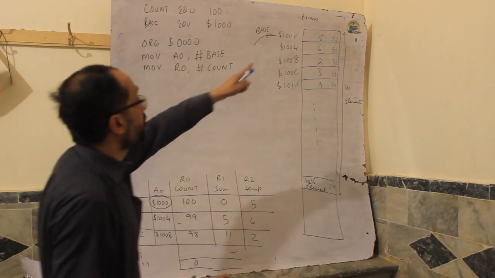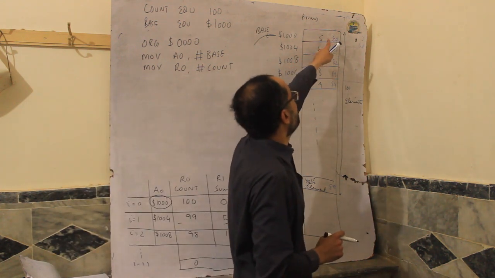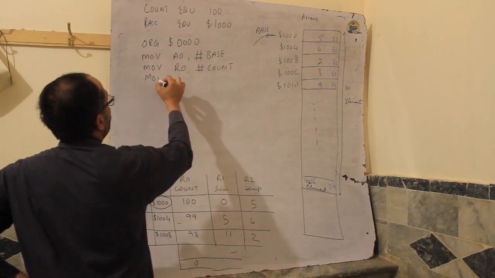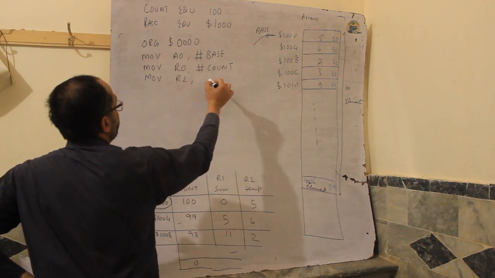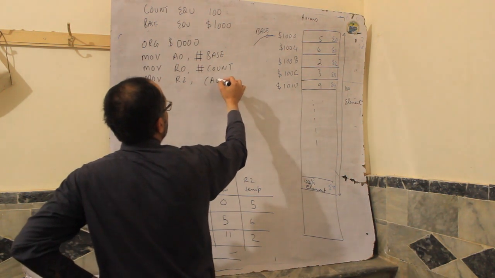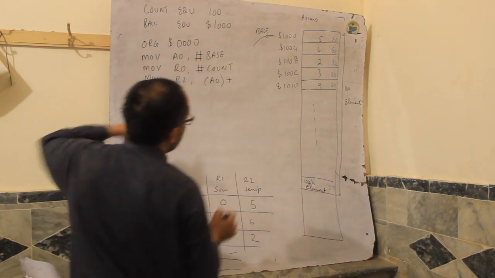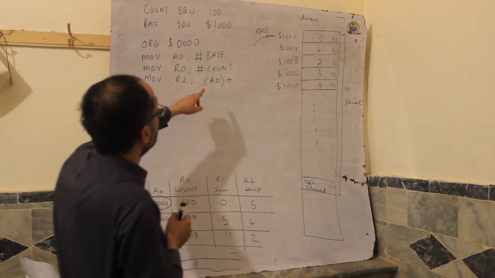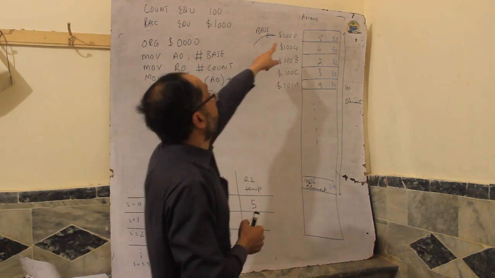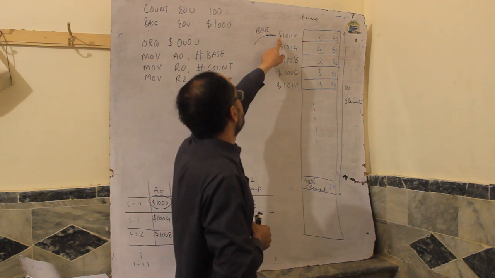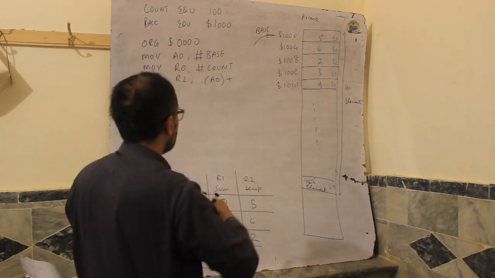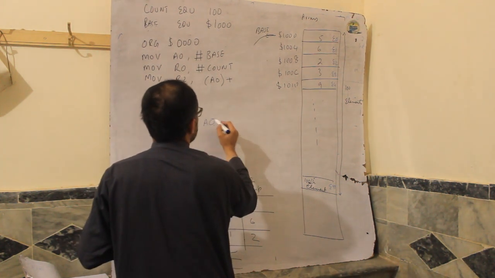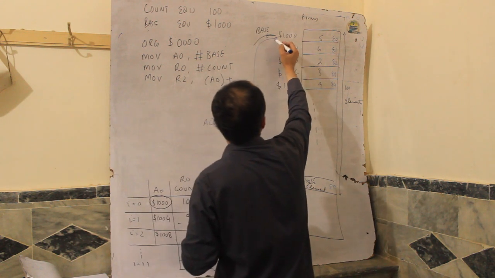Okay, so now we have to move the first element of the array into some register, R2. So now we will move to R2 the first element, A0. Which addressing mode will we use? We will use register indirect with post increment. In register indirect with post increment, the memory address pointed to by A0 is accessed.